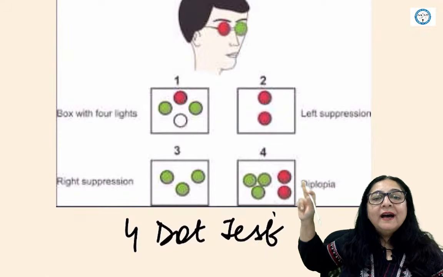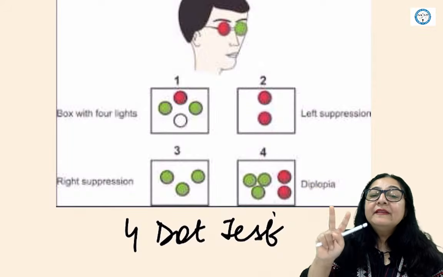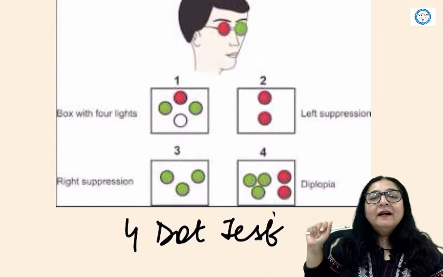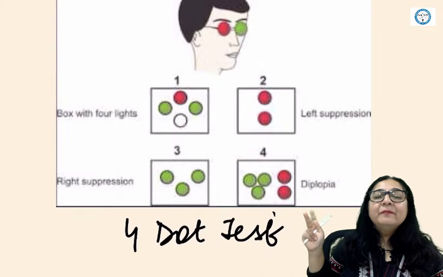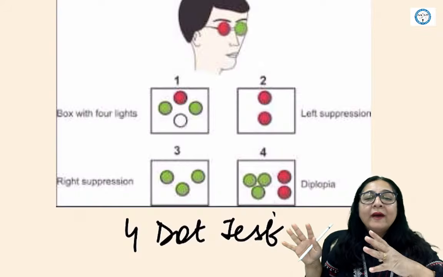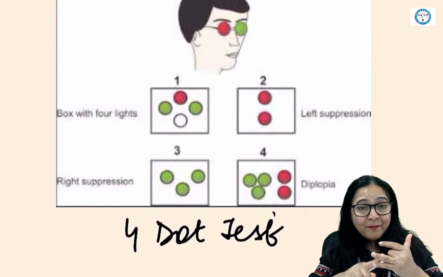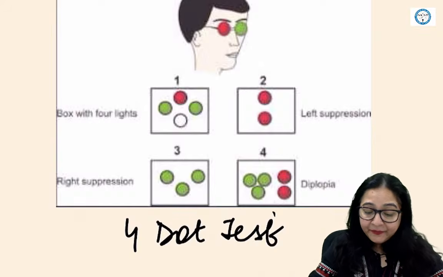If the left eye is suppressed, the patient will see only 2 red lights. If the right eye is suppressed, the patient will see 3 green lights. And in double vision the patient will see 5 lights. So this is one test which can be used to check for suppression, for normal binocular single vision and for double vision.